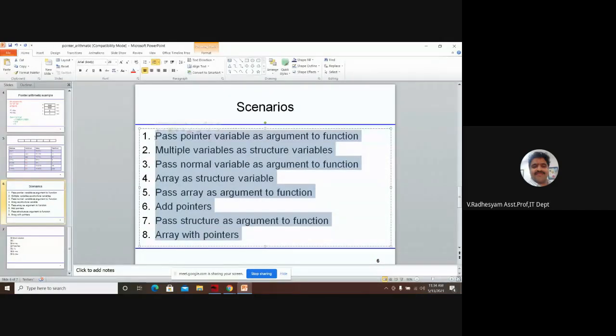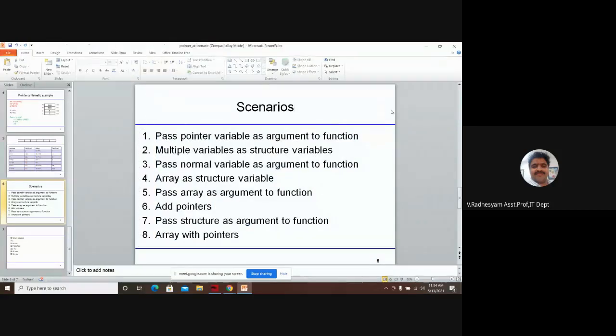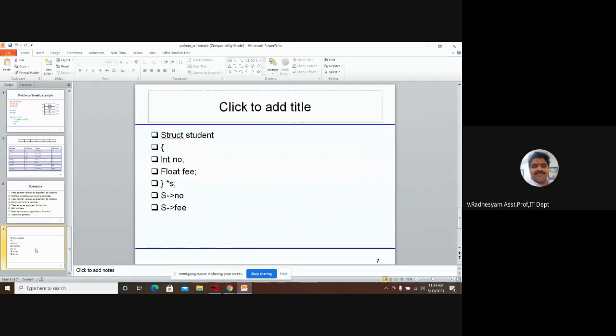Suppose in our examination there may be a question like this: is it possible to pass a pointer variable as a structure variable? Give an example. First question answer is yes. Second is this one. Fine. Yes, sir.